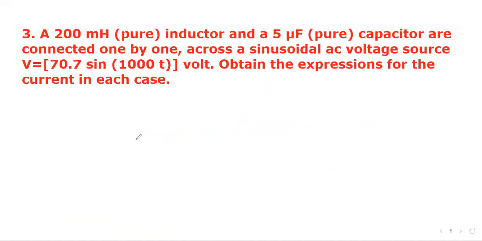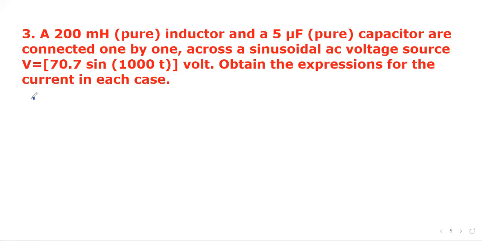Next question, a 200 millihenry pure inductor and 5 microfarad pure capacitor are connected one by one across a sinusoidal AC voltage source V equal to 70.7 sine 1000 t volt. Obtain the expression for the current in each case.